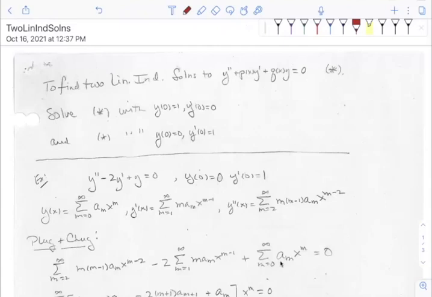So let's get started. Here we see a copy of my notes from Friday's class. I talked about how to find two linearly independent solutions to our second order differential equation in standard form. And we said, if we solve two initial value problems, one with each set of these initial conditions, that'll get it for us.